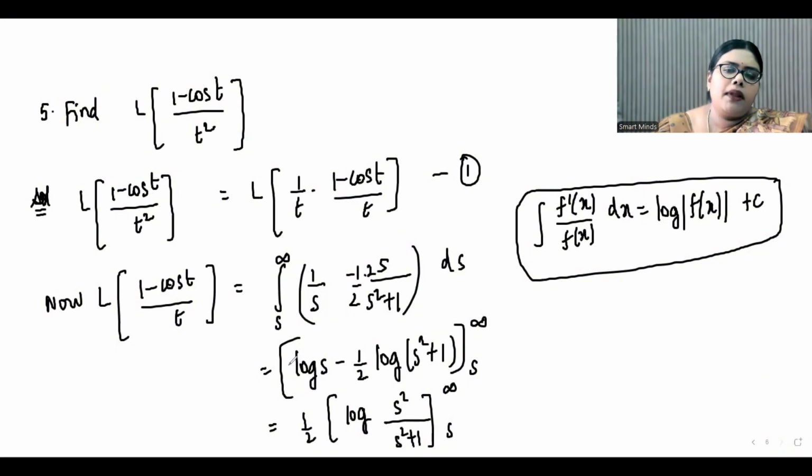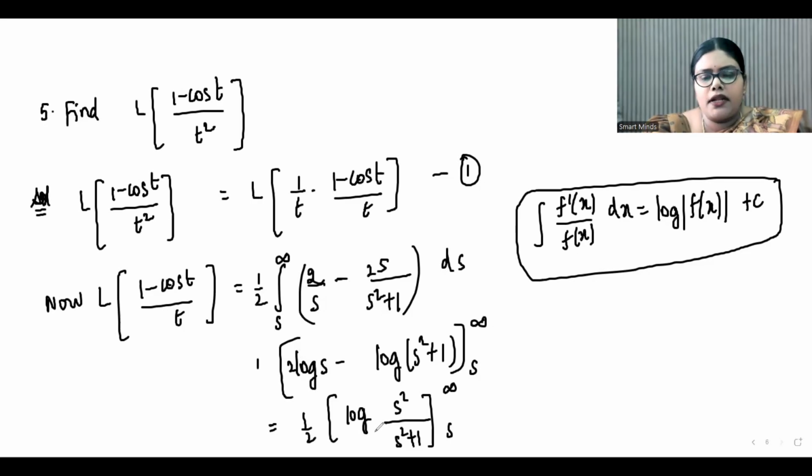Here also I am multiplying and dividing by 2. See, when I am dividing by 2, I am multiplying by 2 to both the terms. So here outside I am dividing by 2 and here I am multiplying by 2. So that is how I got this. Now 2 log s can be written as log s square, right?